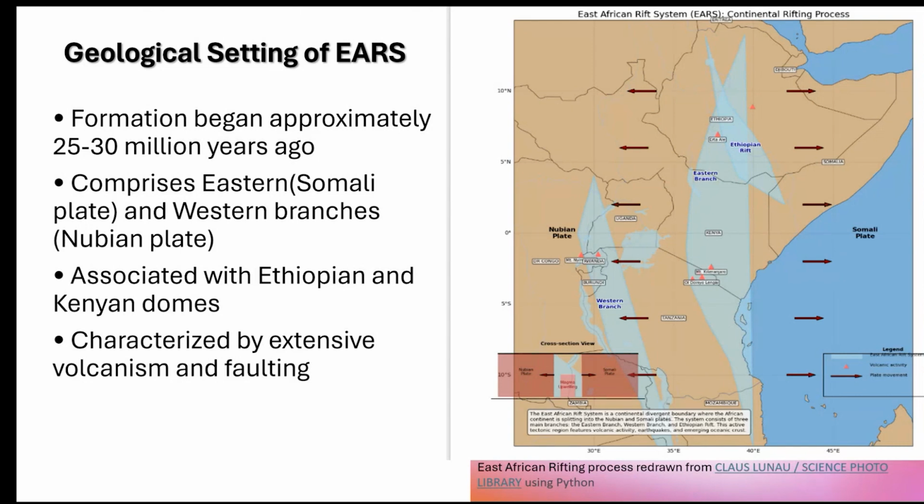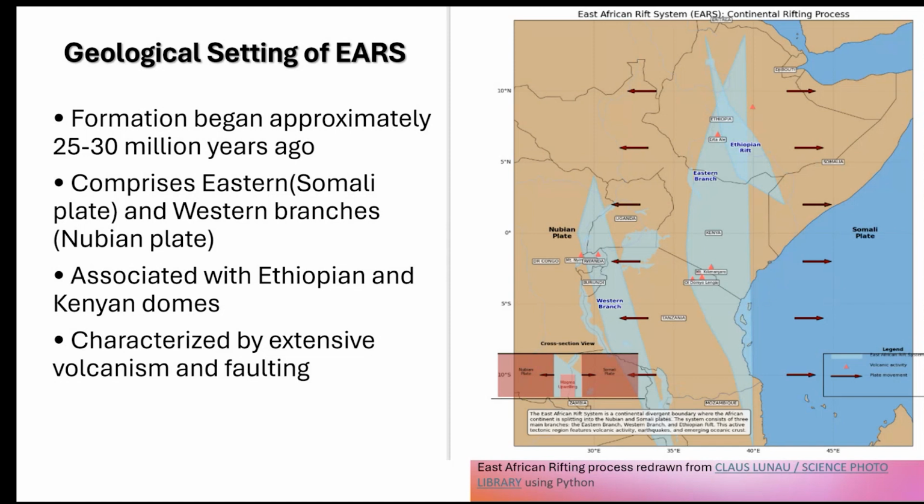So what this is telling us is the rifting process is happening in phases, so to say. We have the western branch that is rifting, and we also have the eastern branch that is also rifting. But all of this rifting is happening on the same plate, the African plate originally, before this rifting started.